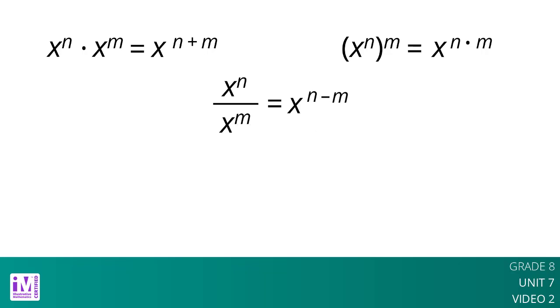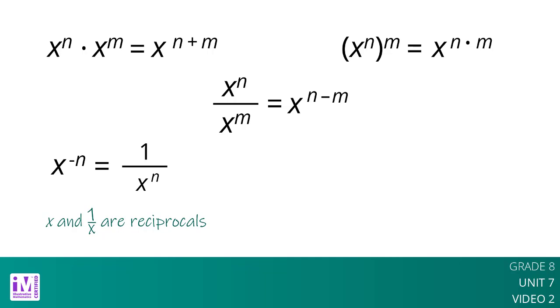We also extended these rules to make sense of negative exponents as repeated factors of the reciprocal of the base. Here, x and 1 over x are reciprocals. And lastly, we defined any positive number to the power of 0 as 1.